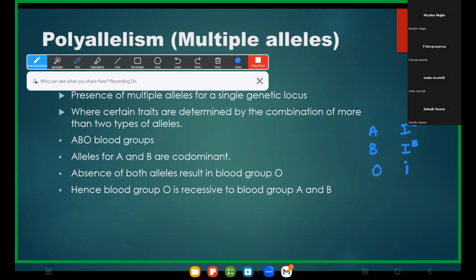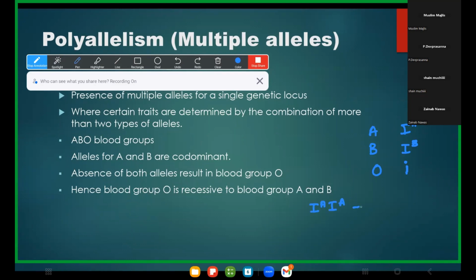So depending on whichever allele combination is present, they would have the blood group phenotype.